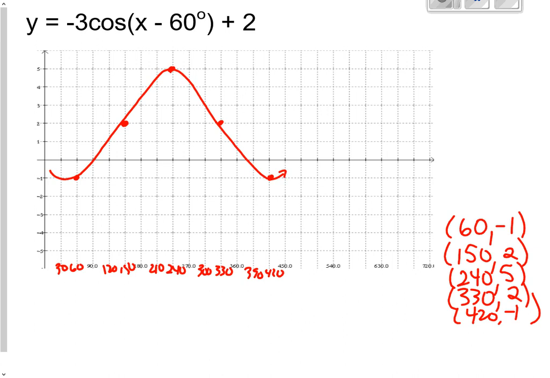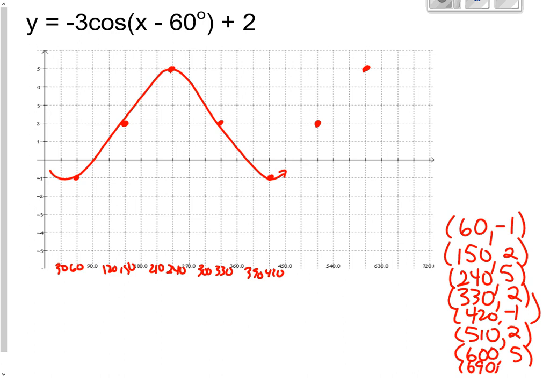And I have lots of room here, I could actually keep going because it is a periodic function. If I keep going here, the next one would be at 510, and it would be up to 2. Then 600 would be up to 5, and I'm adding 90 degrees each time.